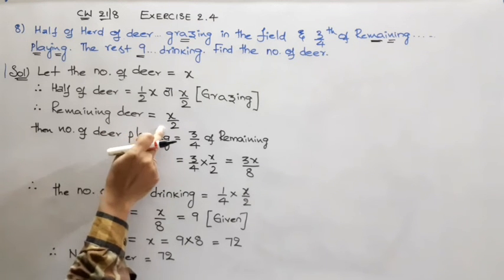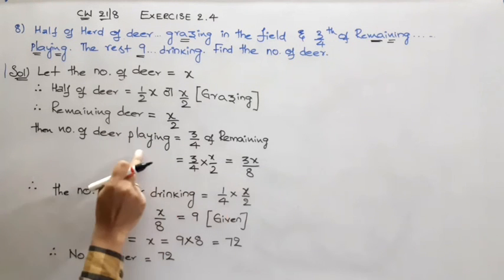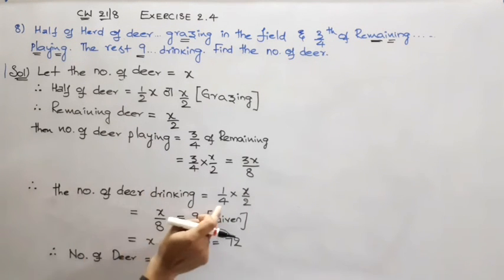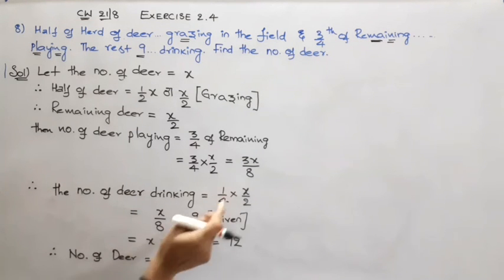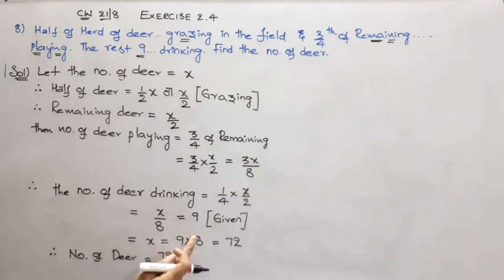In this x by 2, 3 by 4 are playing, so the leftover will be 1 by 4. So 1 by 4 of half is equal to x by 8. They gave that this value is equal to 9. Hence x is equal to 9 into 8, 72. Therefore the total number of deer is equal to 72. Hope you are clear. That's all for today. Have a great day.